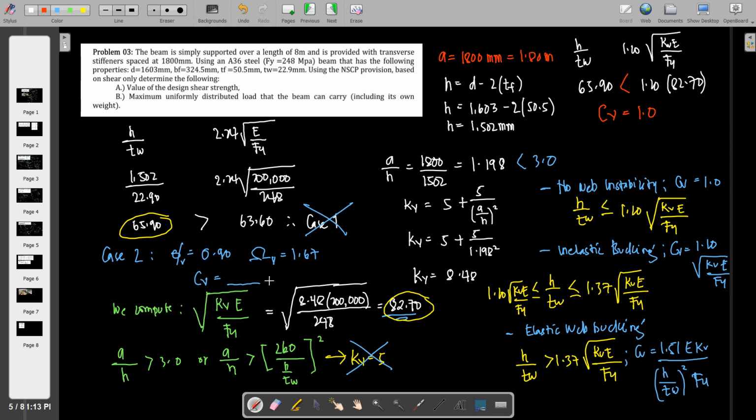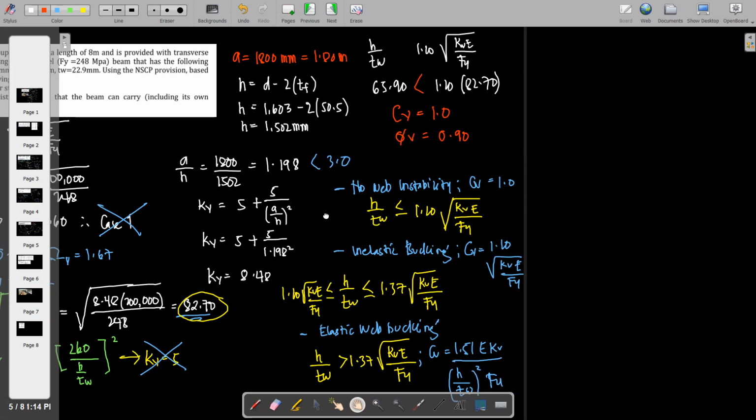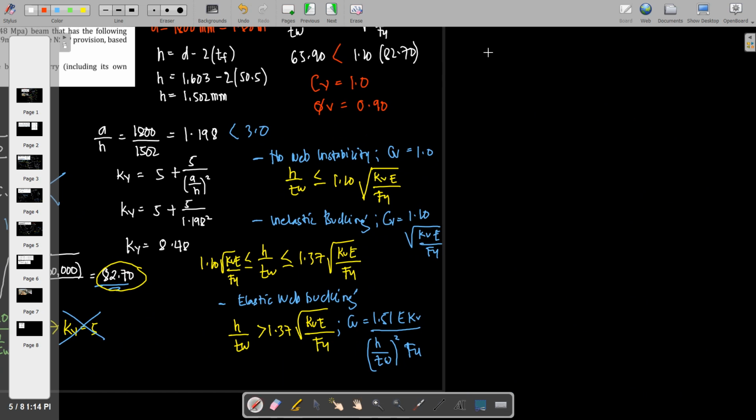Pero nasa case 2 tayo dito, wherein yung phi V is 0.9. Okay, 0.9. So with that, we can now go back to the formula of the design shear strength, no? So the design shear strength is actually phi Vn. So your phi is 0.9.